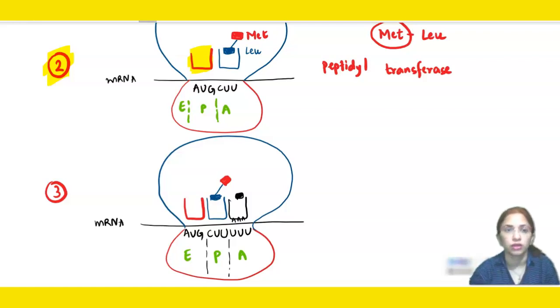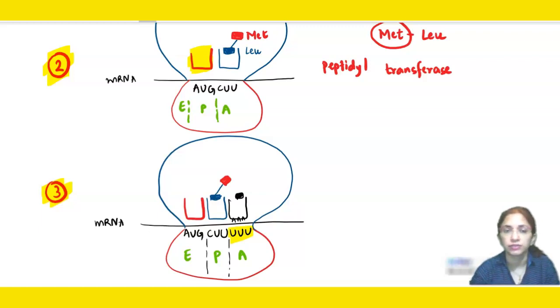The ribosome will walk. You can see here that earlier it was not shown to you these UUU bases, but now you can see because the ribosome has moved forward. Another change which you can notice in step number 3 is that the P site of step number 2 had a vacant tRNA because it already gave its amino acid.